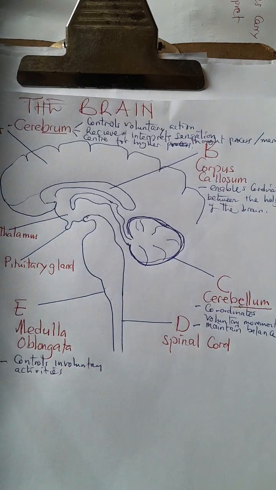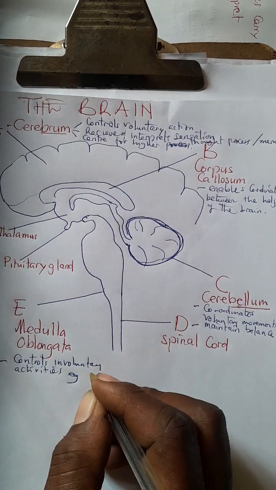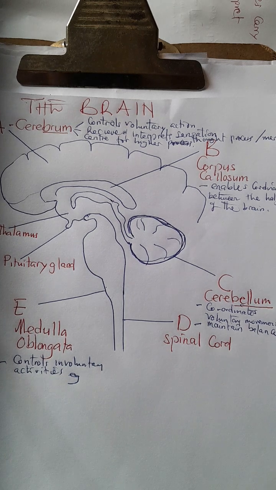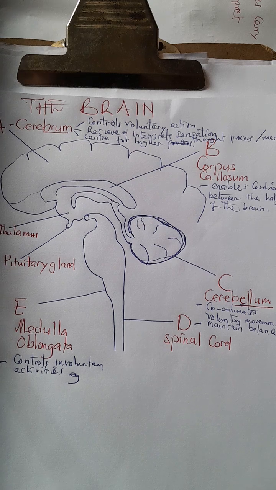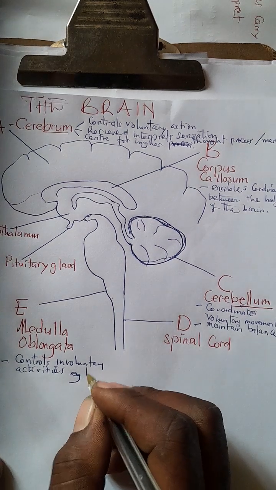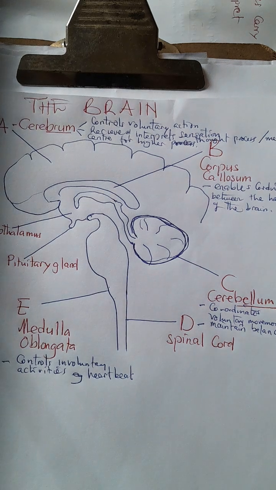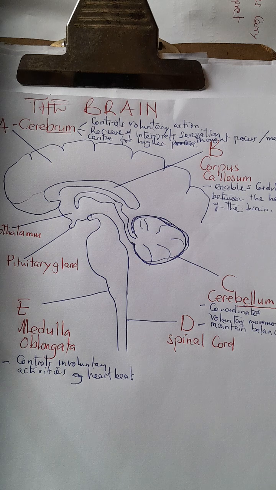There are things that you do without thinking about, isn't it? Yeah, for example, the heartbeat. The heartbeat happens automatically. Breathing, you don't think to breathe. It just happens because of the medulla oblongata, which controls the heartbeat.